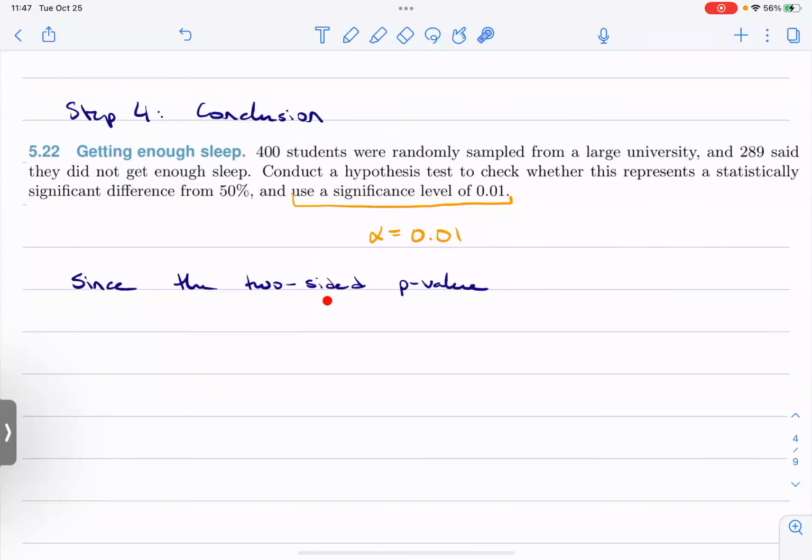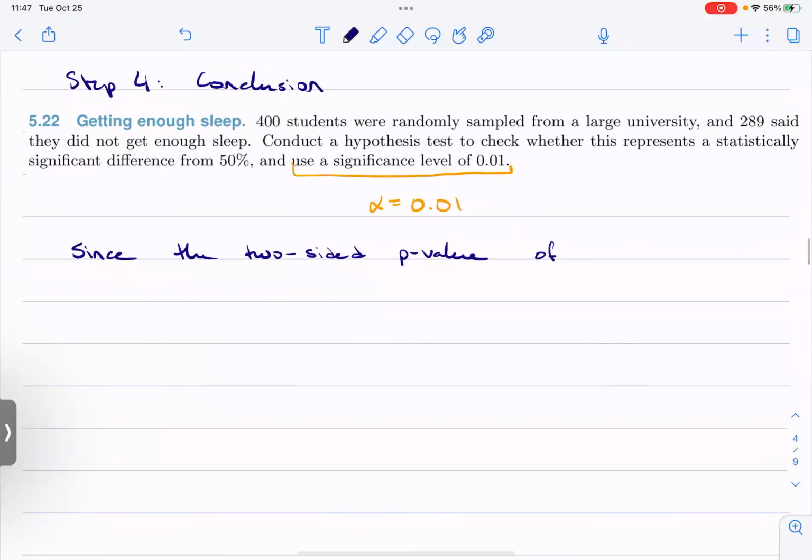Why not show off that you know it's supposed to be a two-sided p-value or a one-sided p-value if that's what it is?